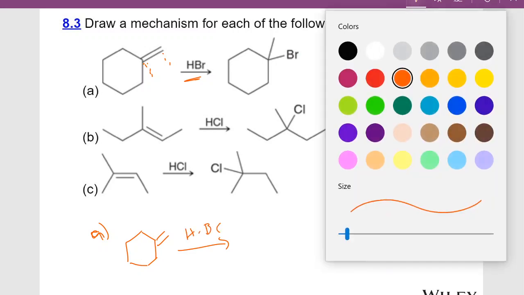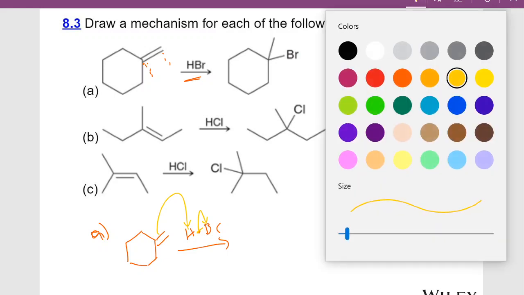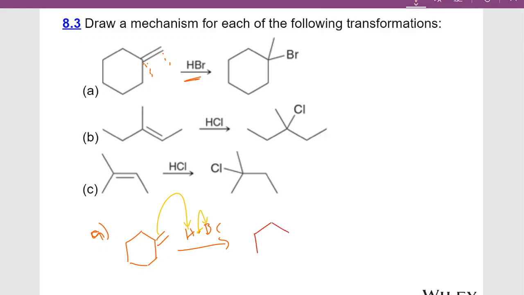Okay, so in the first step, the double bond is acting as a base, picking up the hydrogen, and that breaks the bond between that hydrogen and bromine. And so we end up with a carbocation formed. Okay, and now we've got, I'm going to draw it in a different color. Now we've got a hydrogen over here at the less substituted side. Okay, and a carbocation, a tertiary carbocation here.